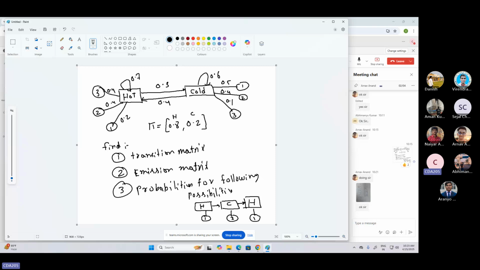Kindly try to understand this problem, because in the end term the question will be from this topic, numerical question. 0.00348.